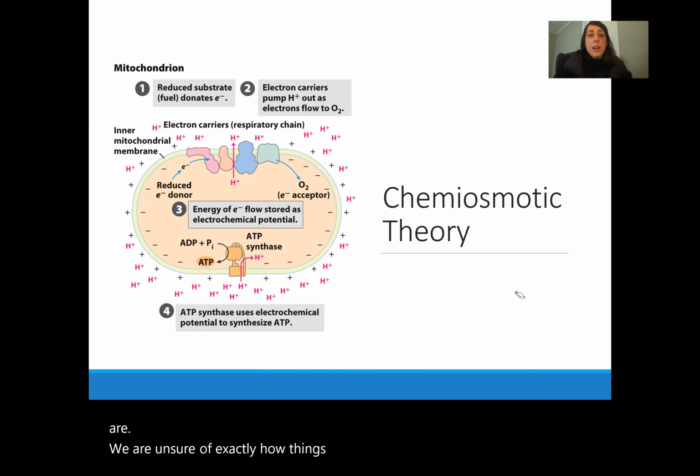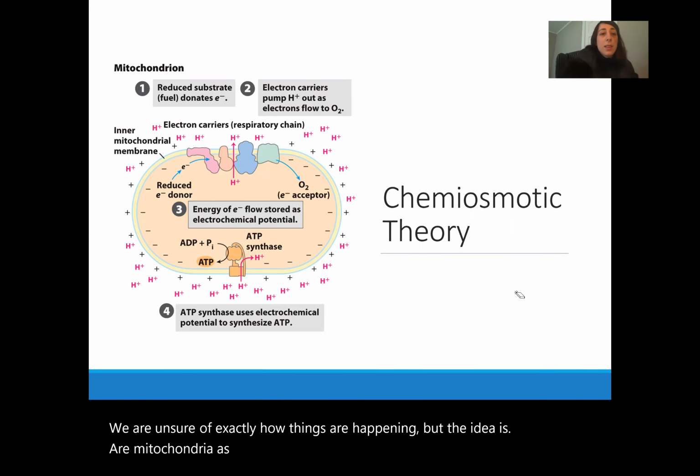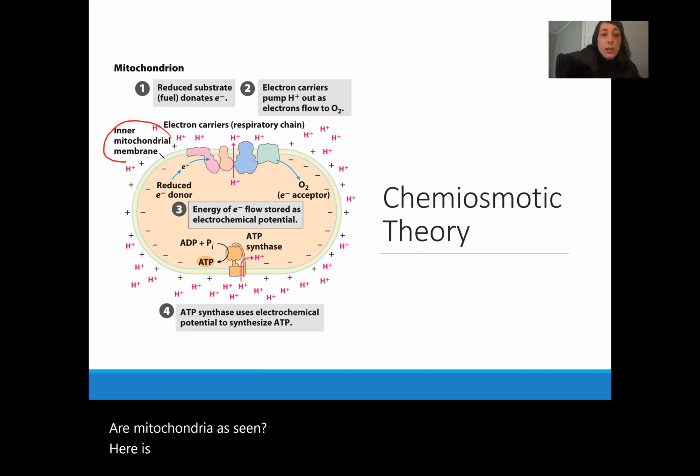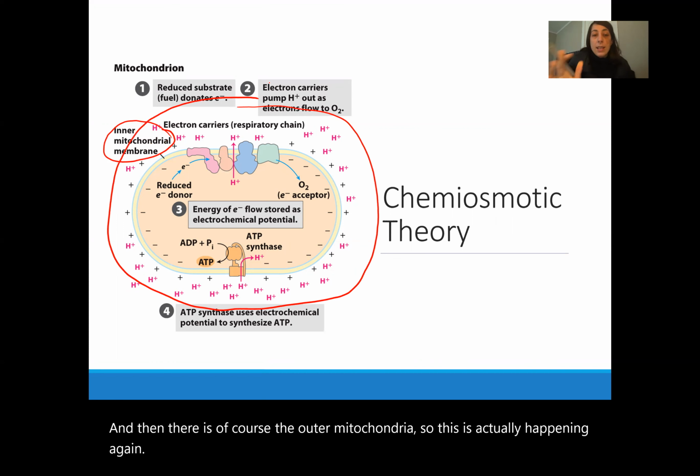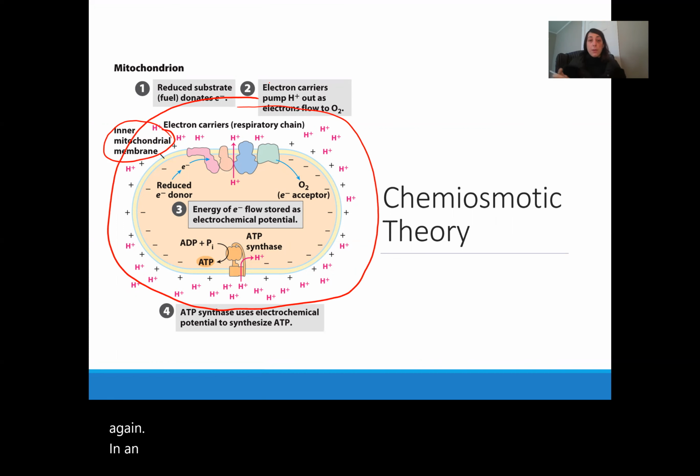But the idea is our mitochondria, as seen here, has our inner mitochondrial membrane, and then there's, of course, the outer mitochondrial membrane. So this is actually happening in an inner portion of the mitochondria.